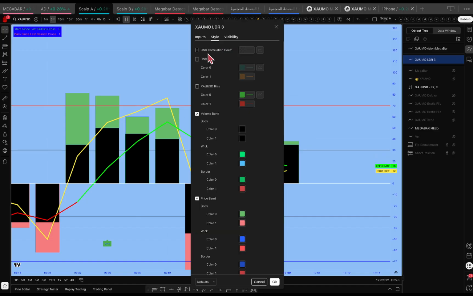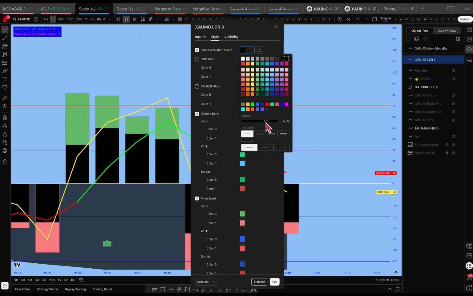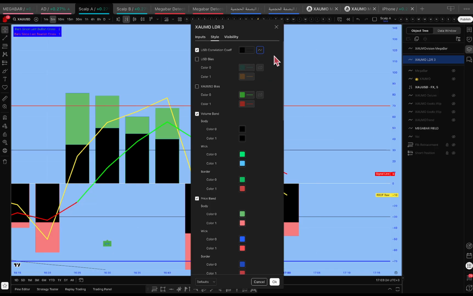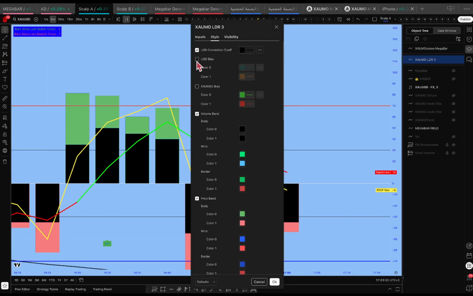You can also see the correlation with the US dollar, with the DXY. Let's make it a darker color so you can see, make it a line. Okay, here you go. You can see the US dollar bias also, and the XAUUSD bias.